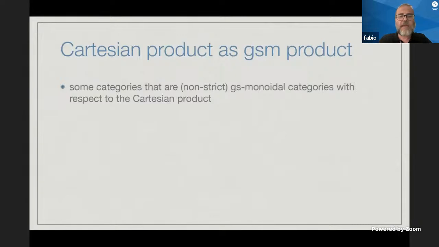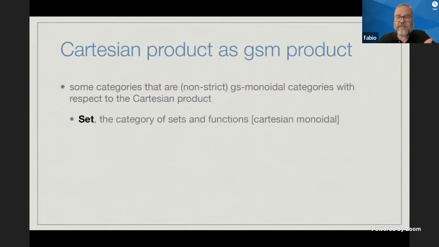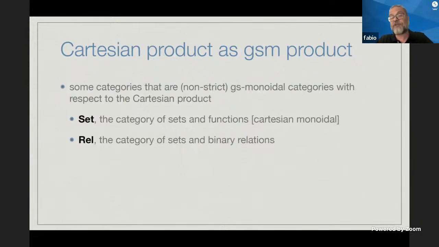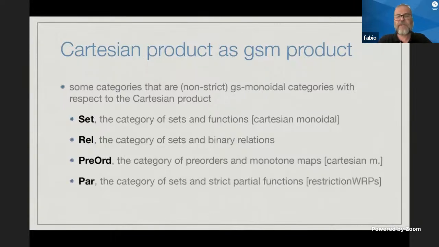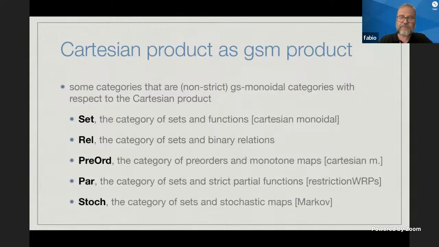Some of the categories are Set, of course, which is Cartesian monoidal; the category of sets and binary relations, which is properly gs; Preorder, the category of preorders and monotone maps, which is Cartesian monoidal and will play a key role in the functorial completeness that I'll show later on; the category of sets and strict partial functions, that is, which map bottom to bottom, and it is a restriction category; and the category of sets and stochastic maps, which is actually Markov.